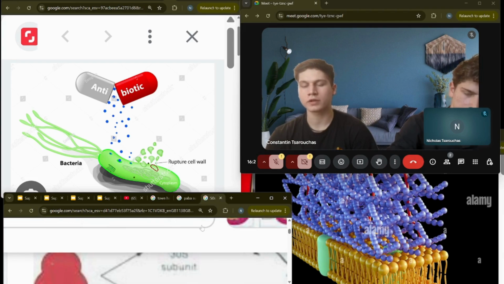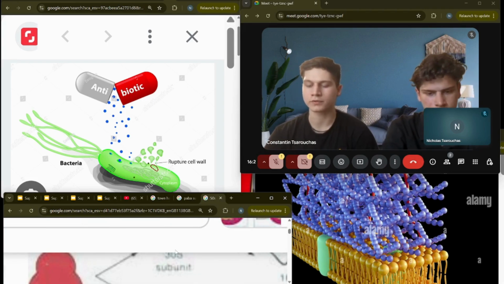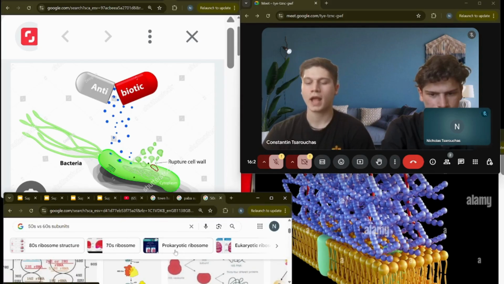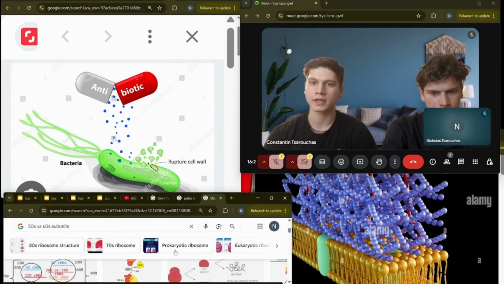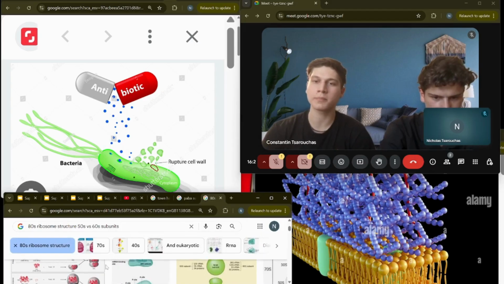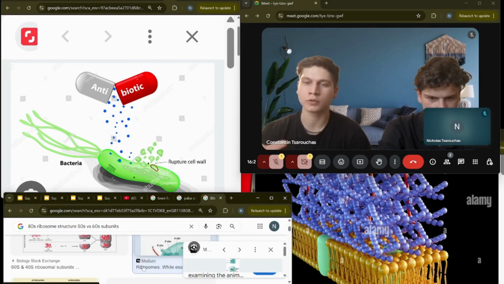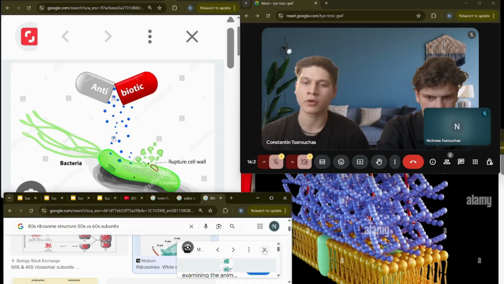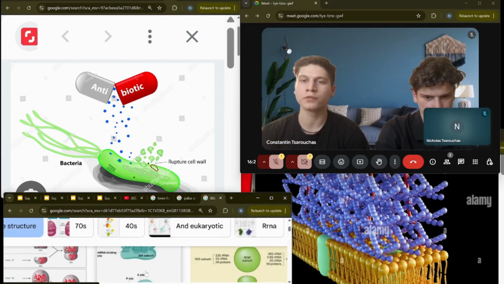You have quite a numerous amount of drugs that act at this step, and I think the biggest class here is your aminoglycosides, so gentamicin and streptomycin. What these actually do is they cause slippage between the ribosome and the mRNA, and they also alter the proofreading capacity.